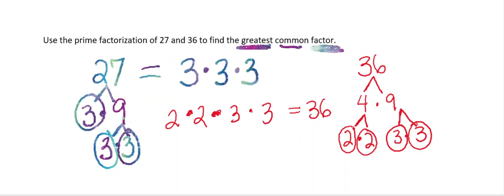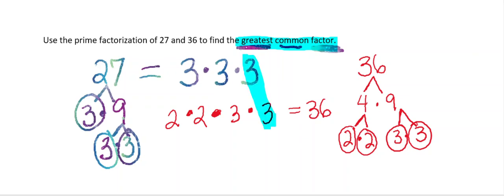And now I've listed the prime factorization of 27 and the prime factorization of 36. So if you're using the prime factorization to find the greatest common factor, you need to use all the common factors, all the common prime factors. So there aren't any 2's up here, so I'm not going to use any 2's.